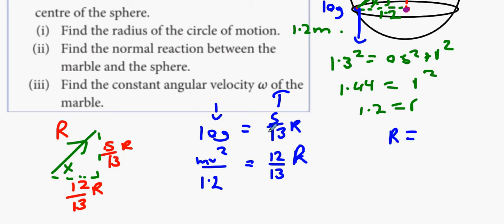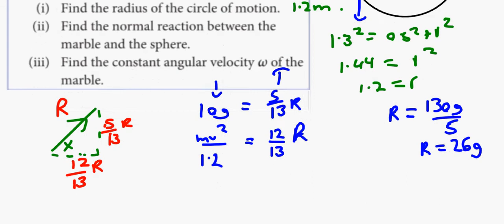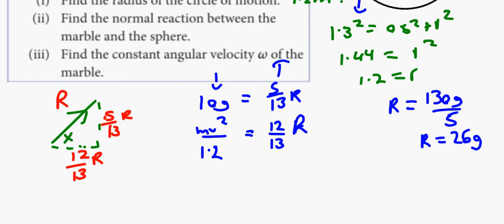R equals 130 G over 5, which is 26 G. And 26 multiplied by 9.8 is 254.8.